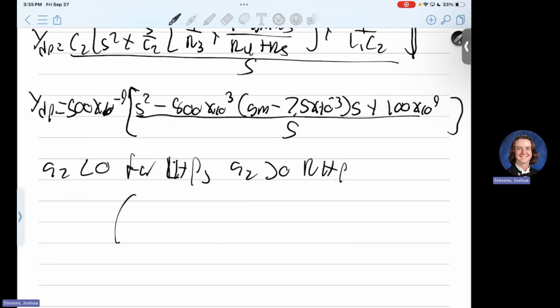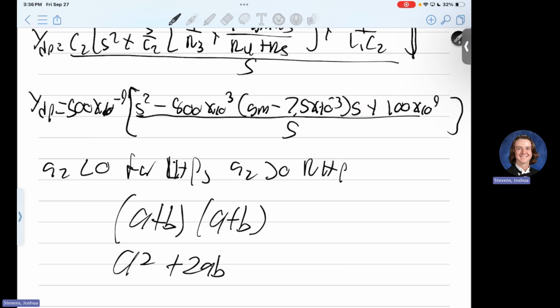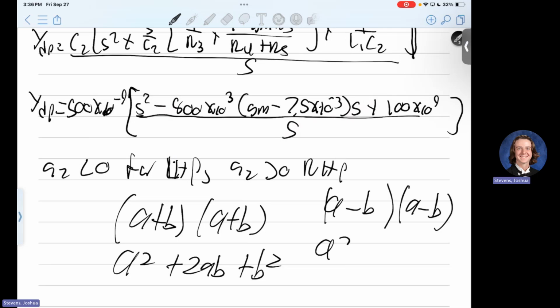So if you have A plus B and A plus B, it comes out to A squared plus 2AB plus B squared, right? If you have A minus B, you get A squared minus 2AB plus B squared. Agreed?